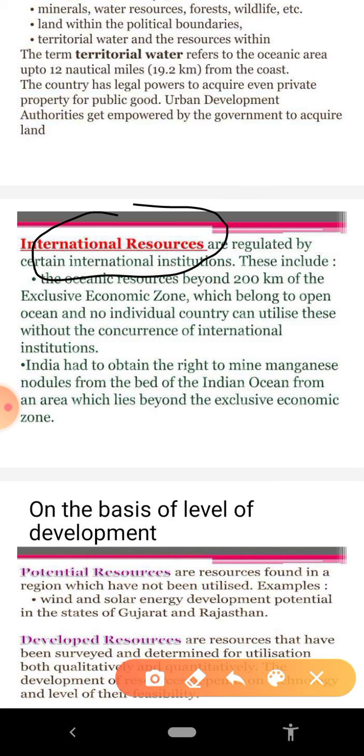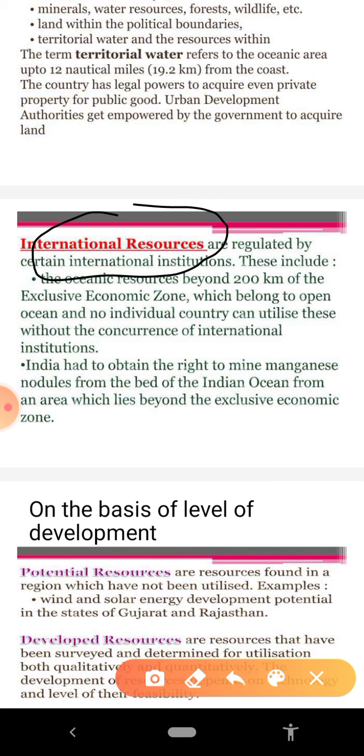No individual country can utilize these without the concurrence of international institutions. India has the right to mine manganese nodules from the bed of the Indian Ocean from that area which lies beyond the exclusive economic zone.